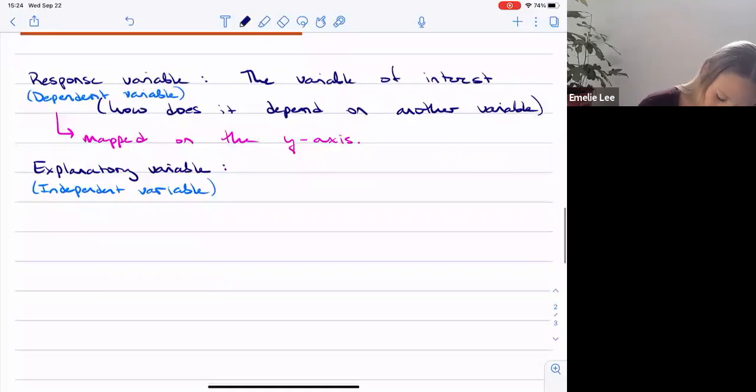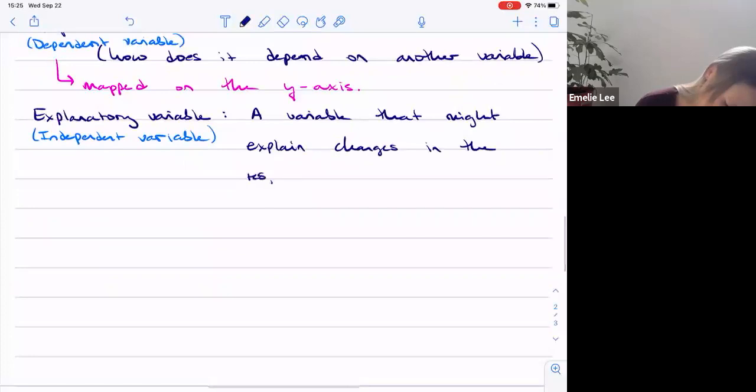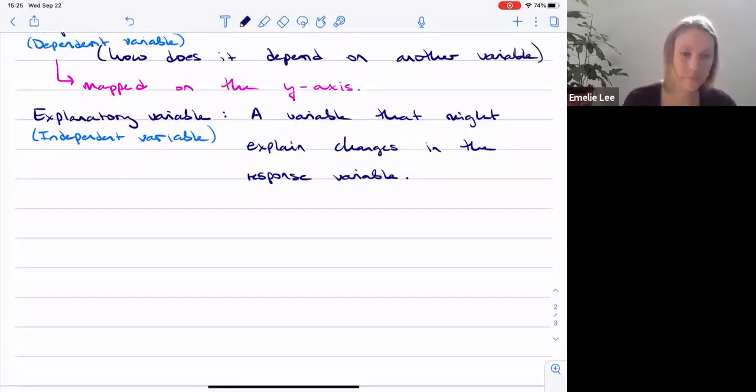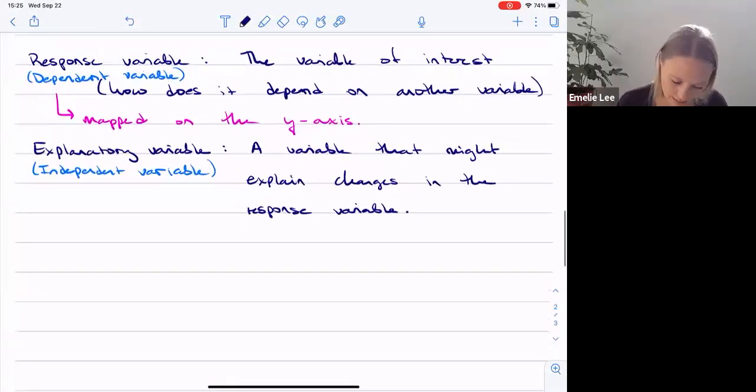It's a variable that might explain changes in the response variable, and it is mapped on the x-axis.